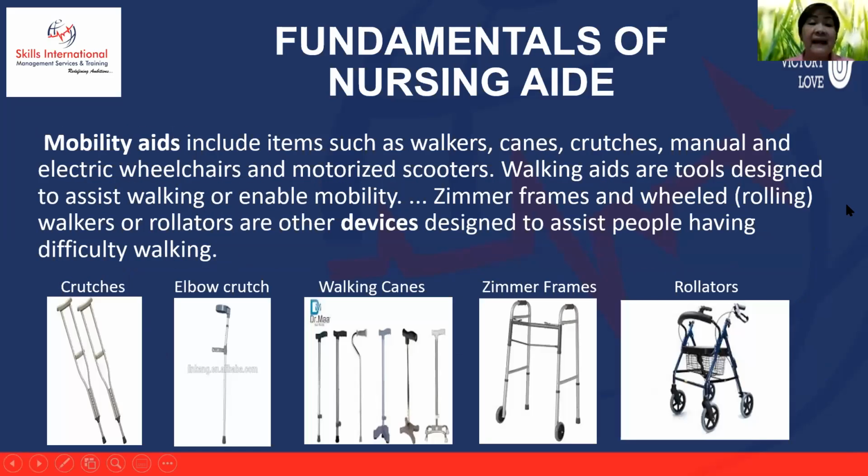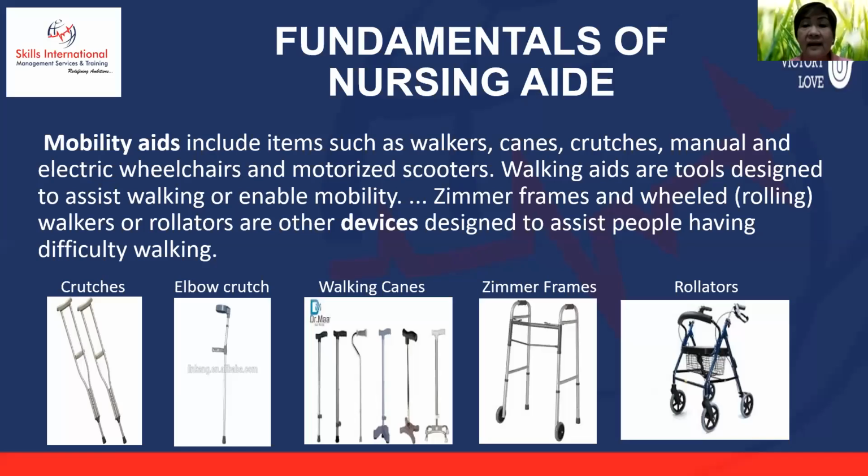So mobility aids. These are the ambulatory devices or the mobility aids. They include items such as walkers, canes, crutches, manual and electric wheelchairs, and motorized scooters. Walking aids are tools designed to assist walking or enable mobility.